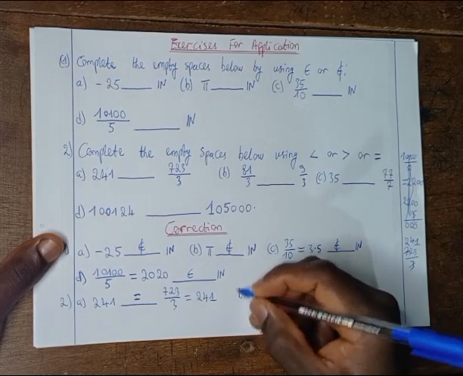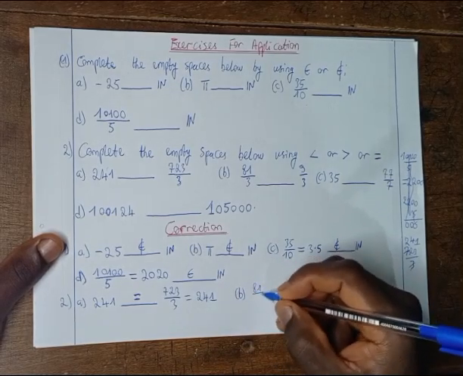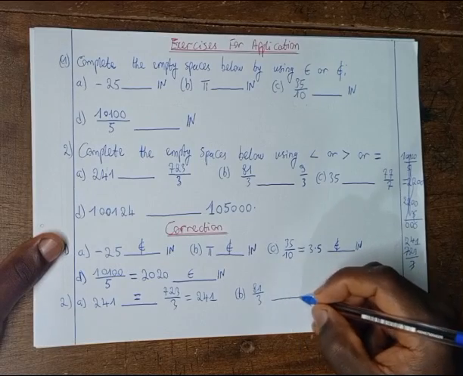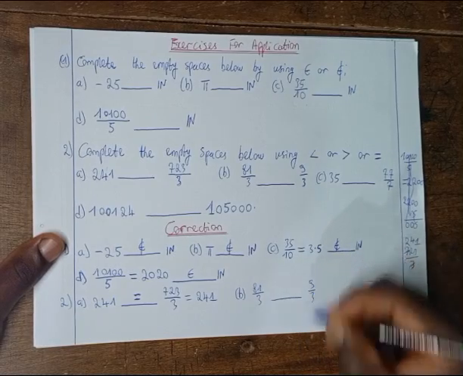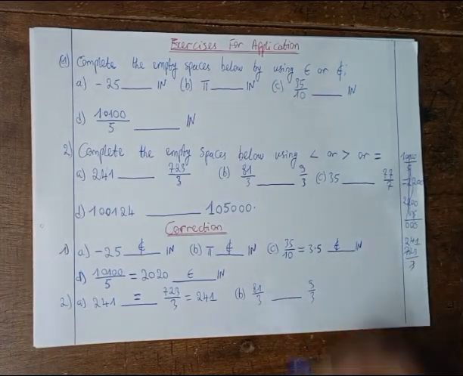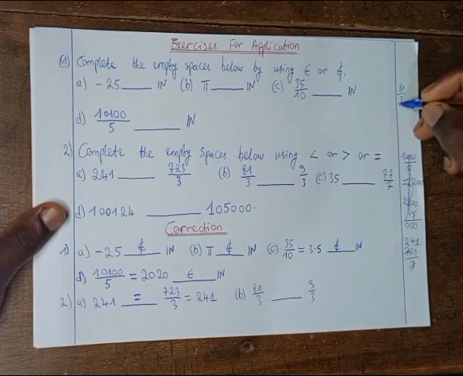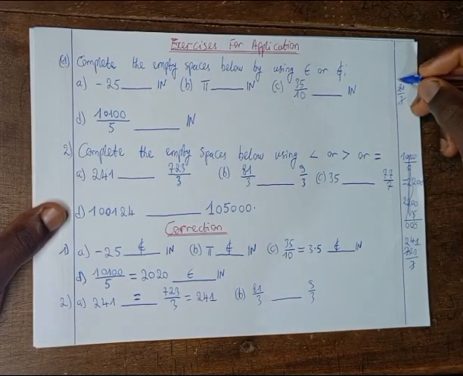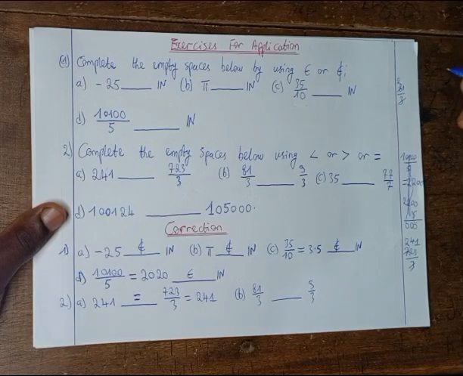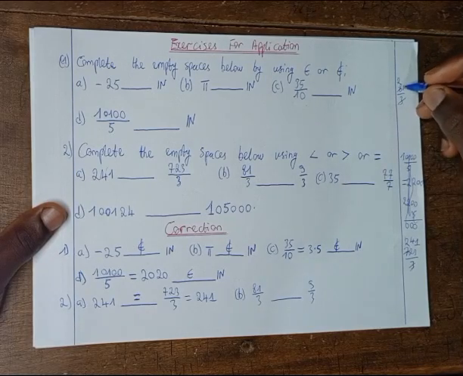For B, we have 81 all over 3. We have the empty space 9 over 3. We know 81 all over 3. If you divide 81 by 3, 3 will go into 8 2 times, remainder 2.